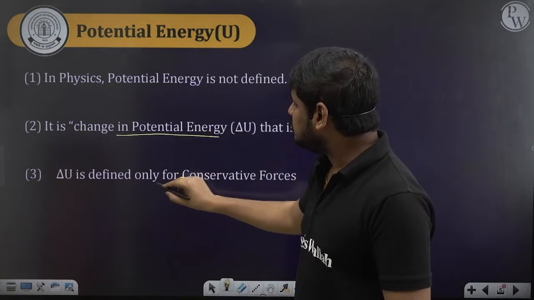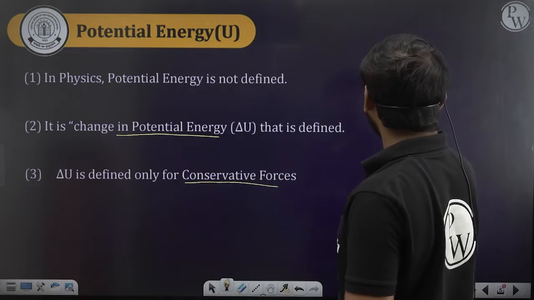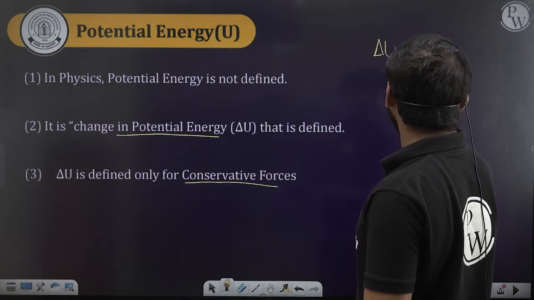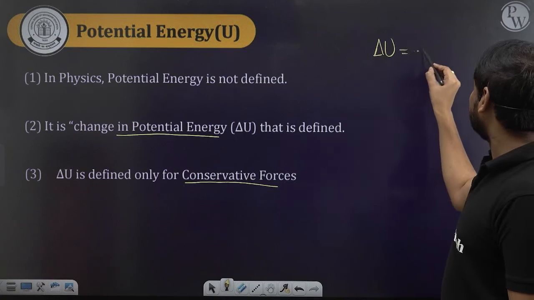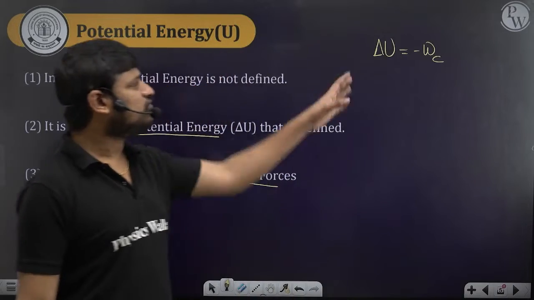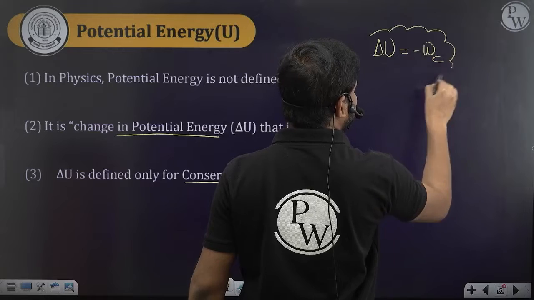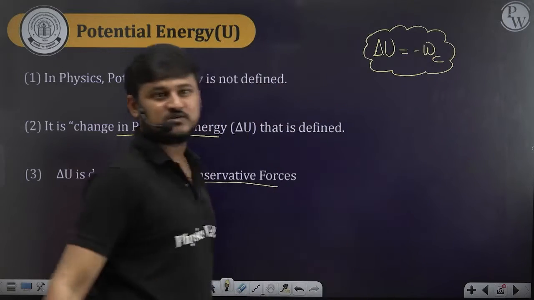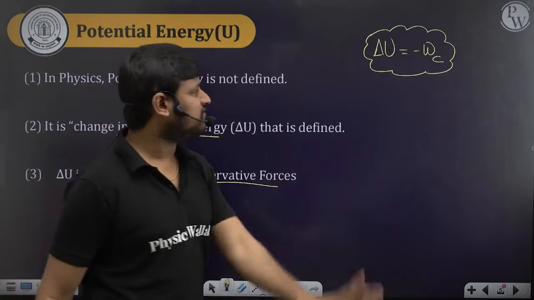So delta U is defined only for the conservative forces. From now onwards, you should remember the change in potential energy is equal to the negative of the work done by conservative forces. So this is the change in potential energy. Remember this statement, very, very useful.